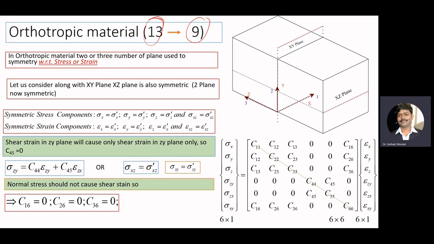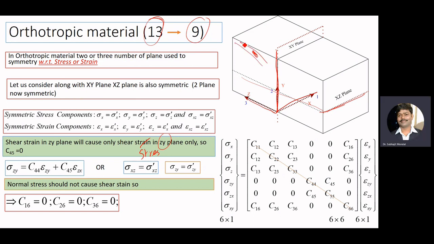Now, if we consider 2 planes of symmetricity, one is your XY plane, another is your XZ plane. If you consider two planes of symmetricity, you can further reduce the number of elastic constants. Here you just see that shearing strain in the YZ plane could cause shearing stress in the YZ plane only.